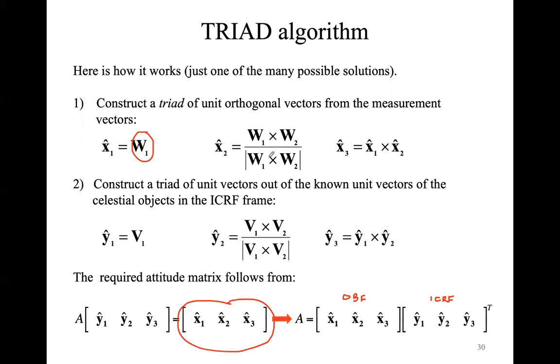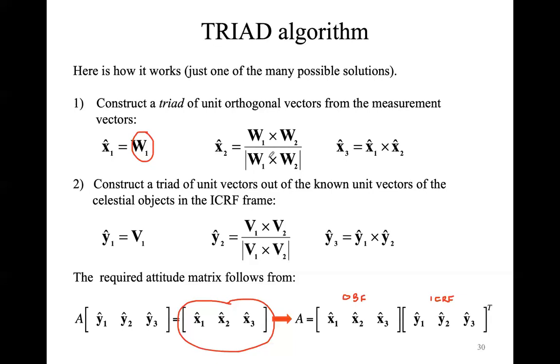I build X2, then X3, and then I build another unit vector in order to have an orthonormal basis. In that sense, W1 and W2 may not be orthogonal, but in that way we may have all unit vectors orthogonal.